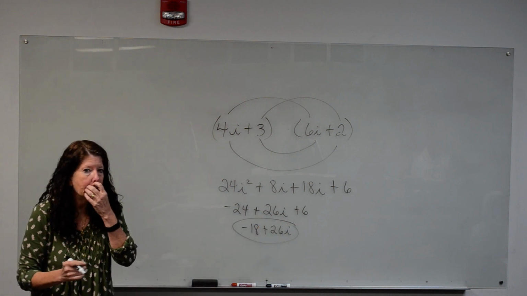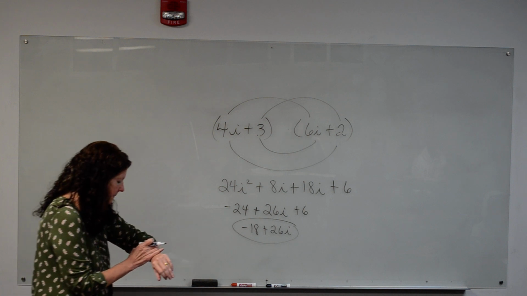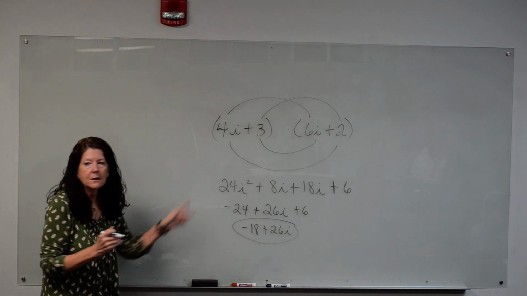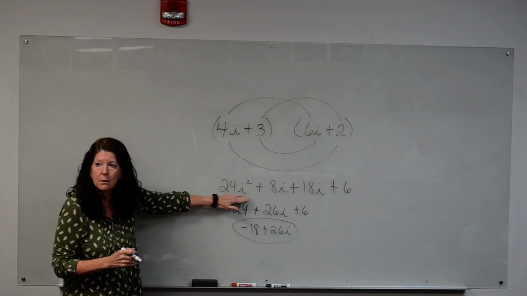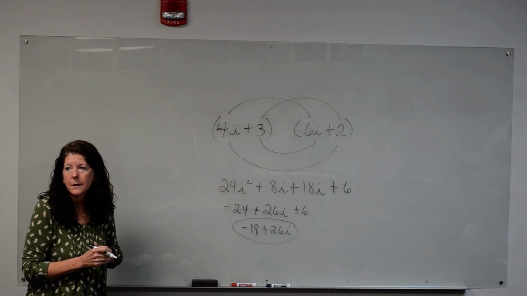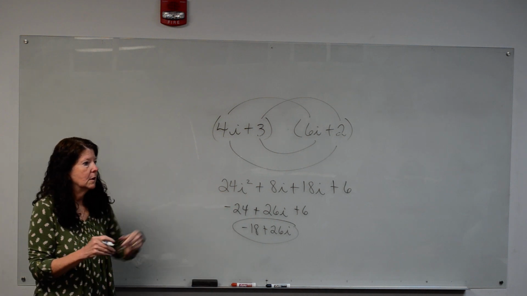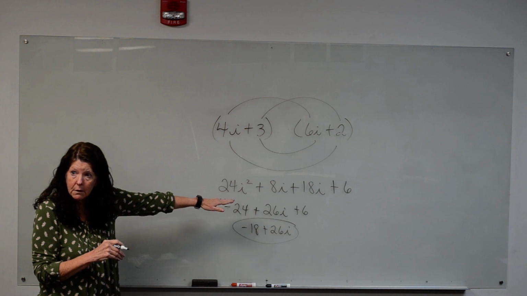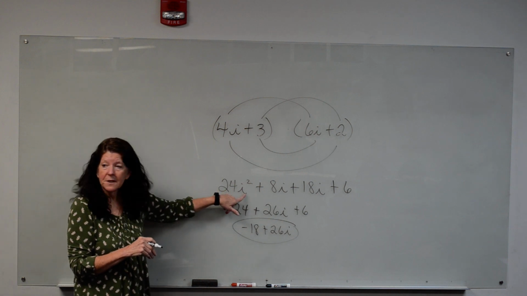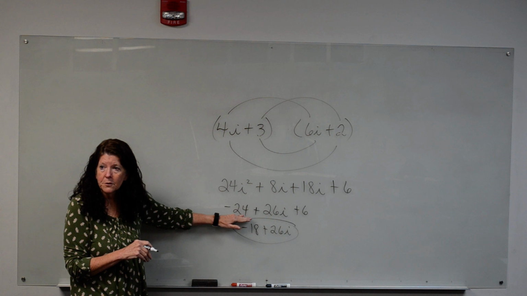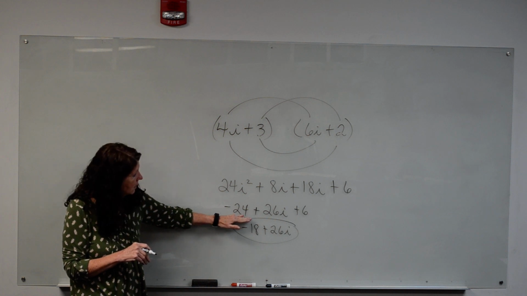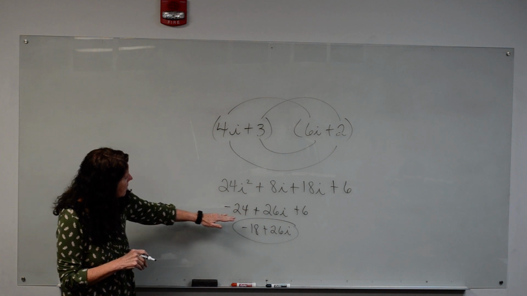That's easy. Okay? What's i squared equal to? Negative 1, right? So 24 times negative 1 is negative 24. But isn't that the same thing as the 26 times i? Can I still leave negative 1?